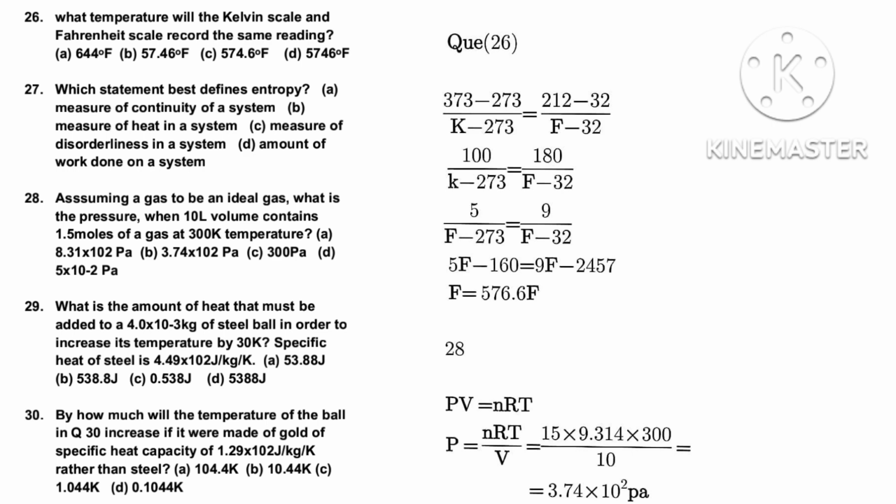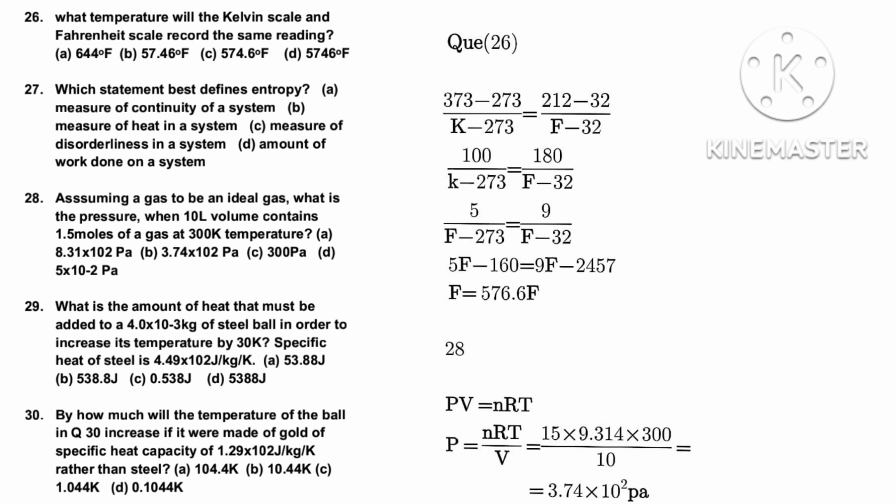So at the end of the day, we equate F. Anywhere we see K, we represent it with F. Then we simplify and have our final answer. So we have F equals 576.6 Fahrenheit.